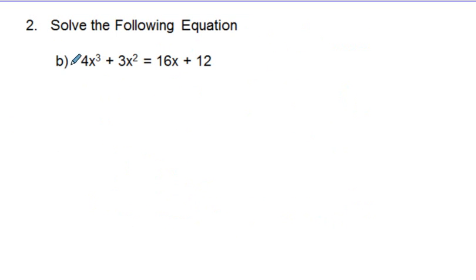Okay, B, we have 4x cubed plus 3x squared equals 16x plus 12. And what we want to do to solve equations usually is to set one side of an equation equal to 0. So if we subtract 16x and 12 from the right side of the equation, we do the same on the left side.